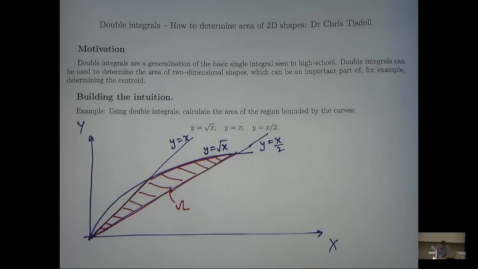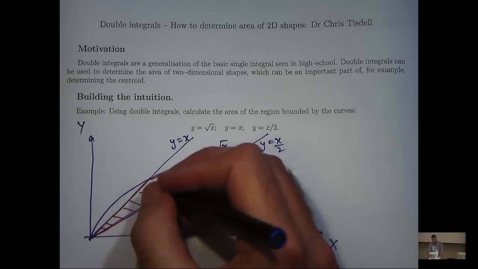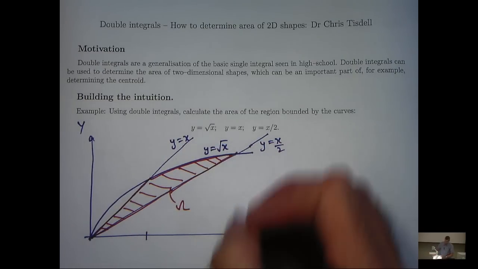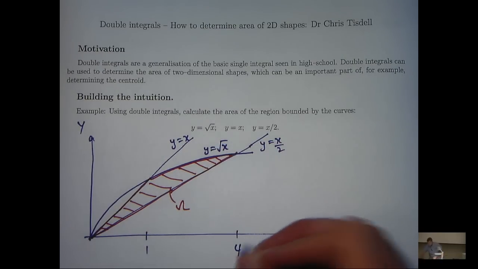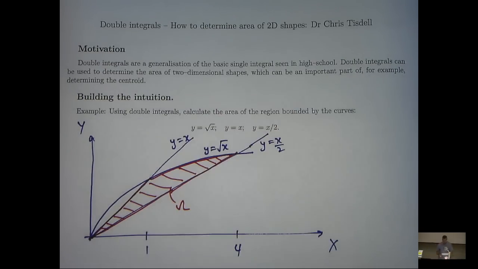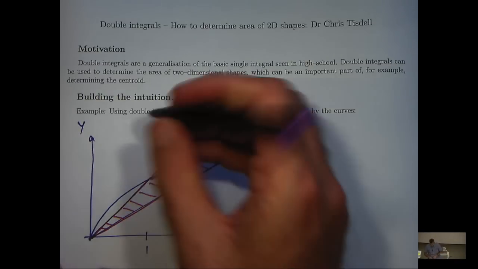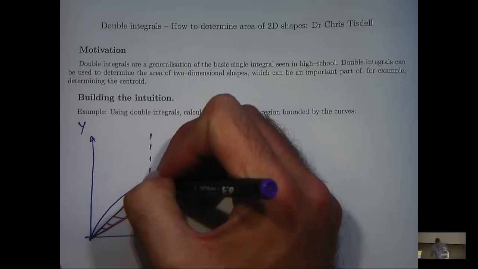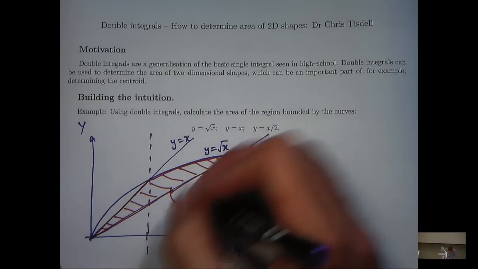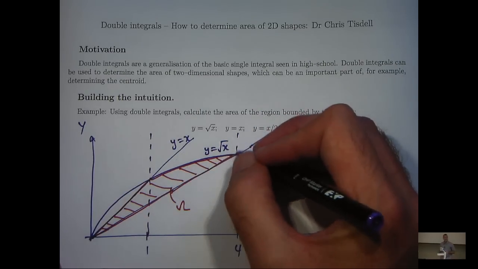But what I can realize, hopefully, is that if I look at the x-intersection coordinates of these curves, I can slice up my region into two simple subregions.